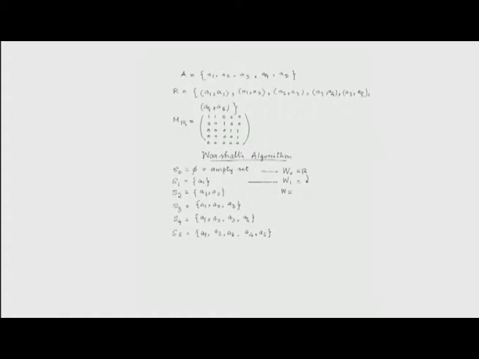Iteratively we will keep on defining new relations W3 and W4 corresponding to S3 and S4, and then ultimately we will get W5 corresponding to S5, which we will claim to be R plus, that is the transitive closure of R.